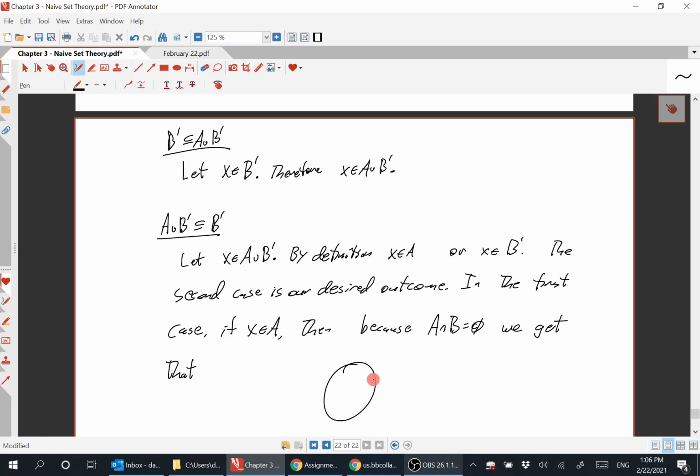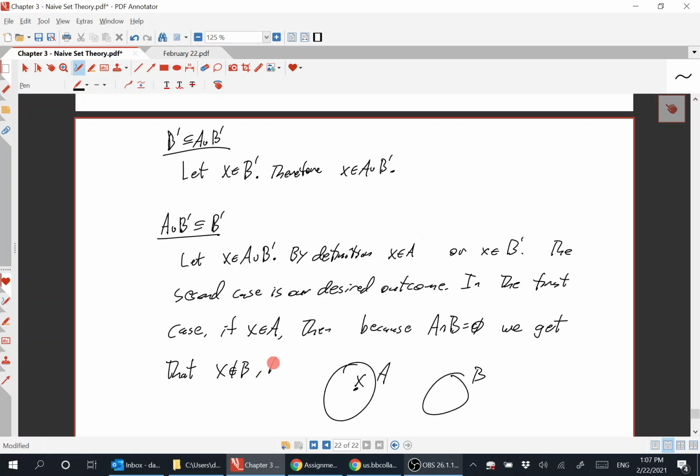All right, here's A, here's B. There's no overlap between A and B. X is inside of A. So where is X not? In B. Yeah, X is not in B.